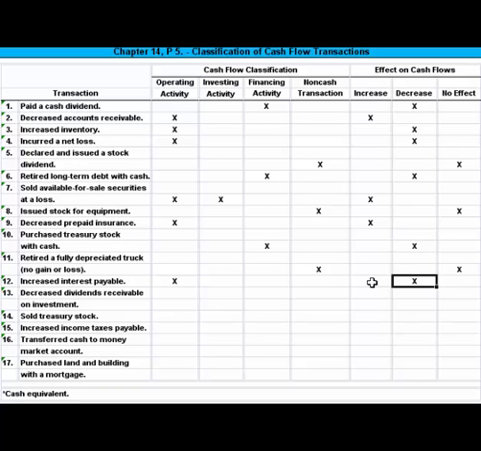An increase in a current liability, assuming that everything else is held constant, is just like increasing accounts payable. Again, I think the authors have this in the wrong area.